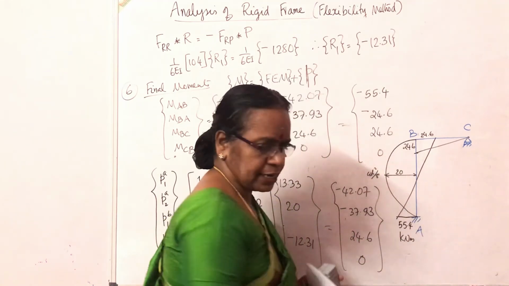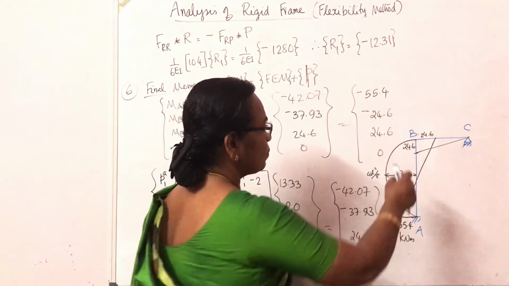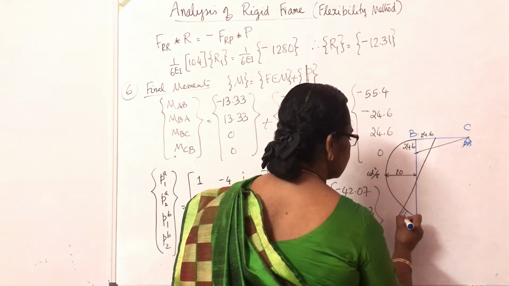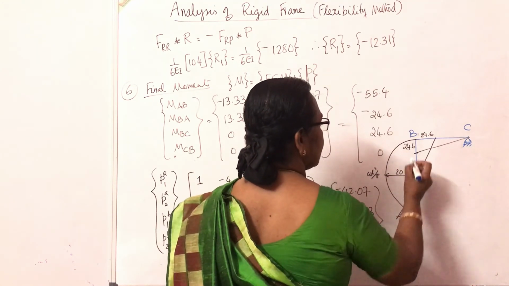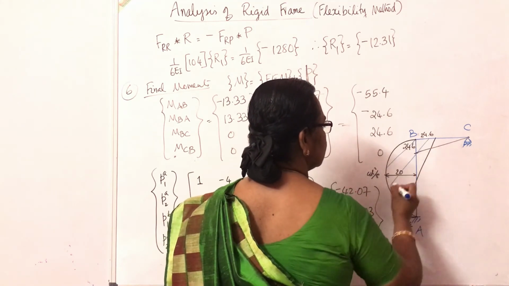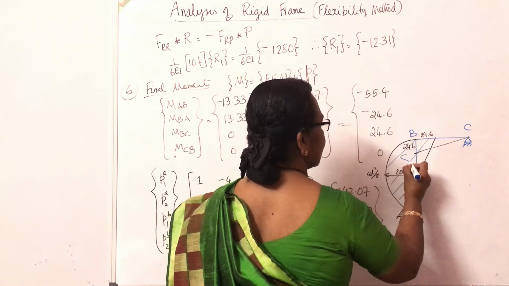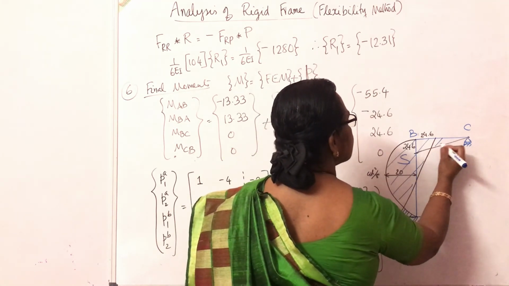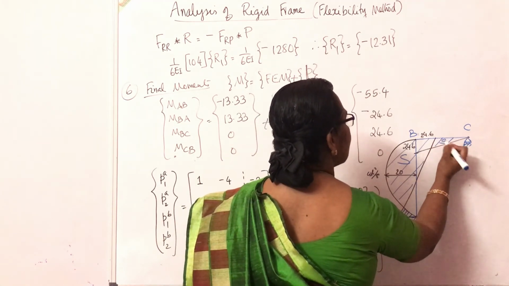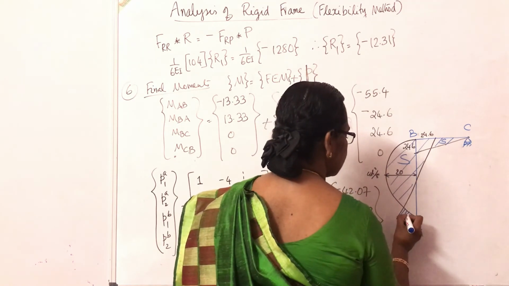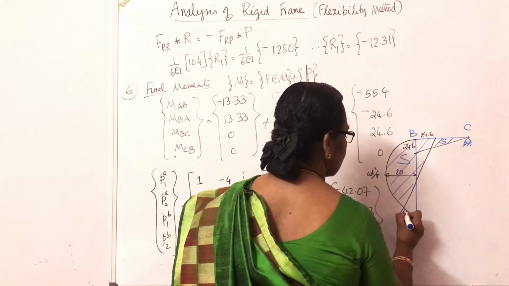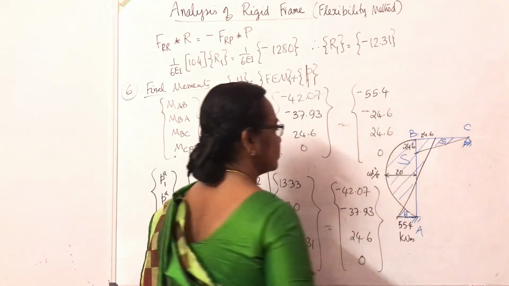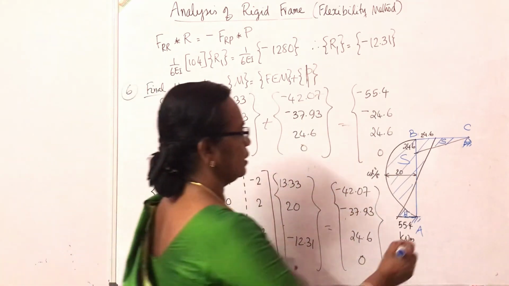Now I have to mark the signs. So a sagging moment diagram is superimposed over the sagging moment. So the remaining portion is only this much. And all these portions are sagging. Everywhere it is sagging, and only this portion is in hogging. That is the bending moment diagram.